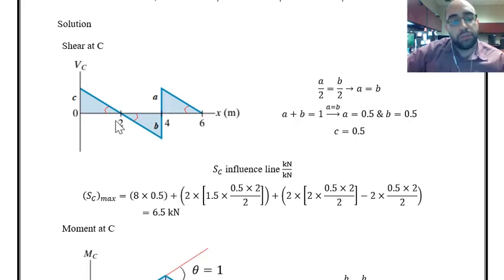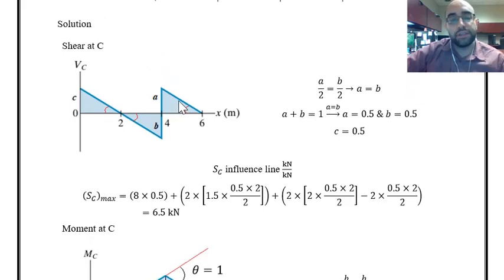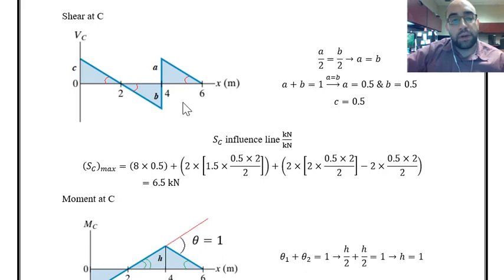Now that we know A and B, based on similar triangles, I can find the value of C, and since these are equal segments, C is also equal to 0.5. So we know the influence line for shear at C, and now all I need to do is to apply the loads in the proper locations to get the maximum positive shear at C. I want the maximum positive shear, so the uniform live load should be only applied in the positive regions.